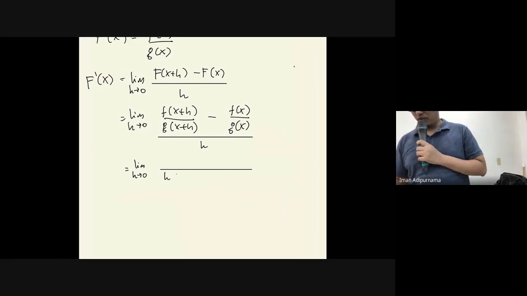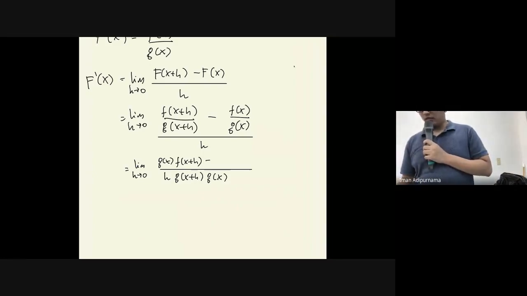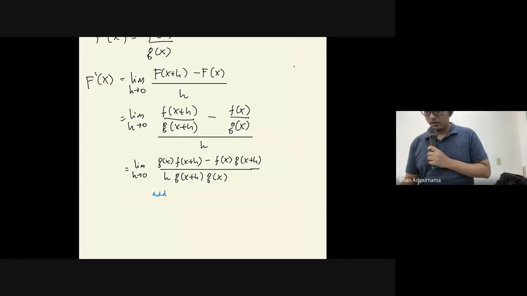So it would be h, g, and then g of x, right? Let me write g of x first, and then f of x plus h. And then the other one, f of x and g of x plus h. Similar to the product rule, we need to add and subtract some expressions.